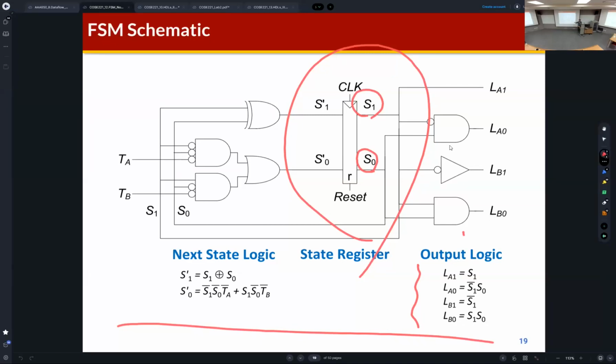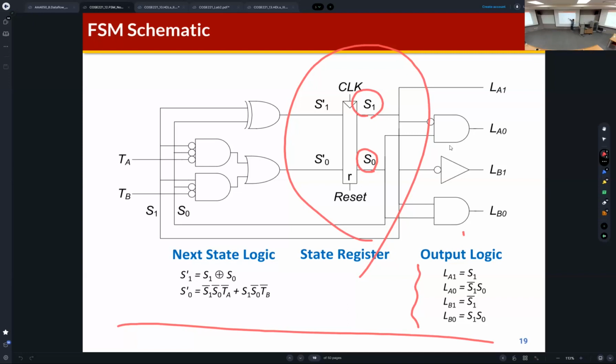So we need to use sequential logic. I mentioned sequential logic as memory, which means that previous events can be stored in the sequential logic. So we use D flip-flops to implement the state register.